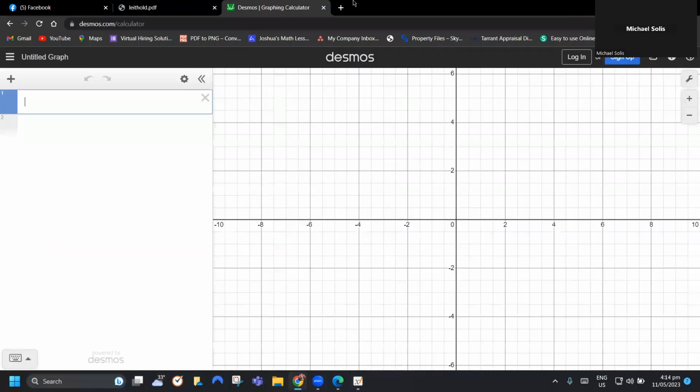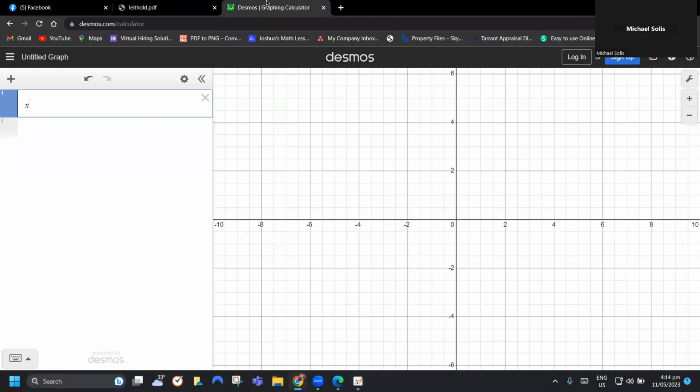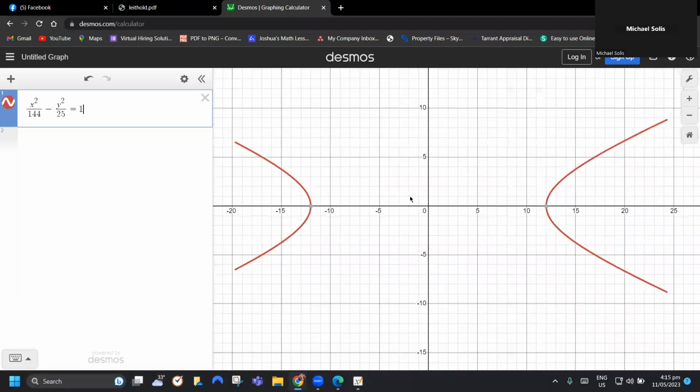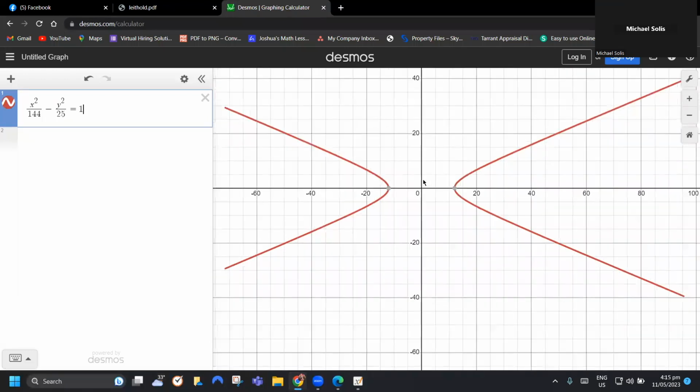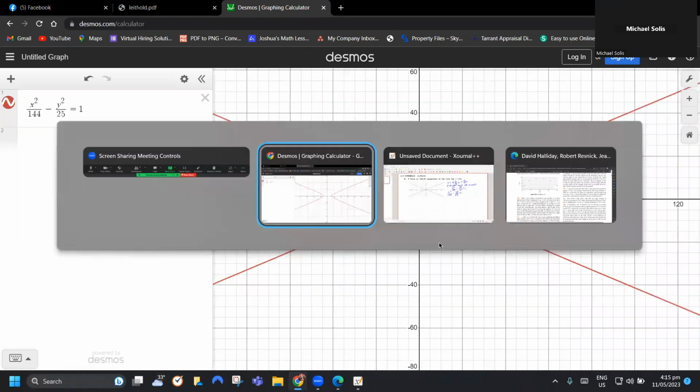x square over a square plus y square over b square, x is equal to 8 plus or minus a over b plus 1.